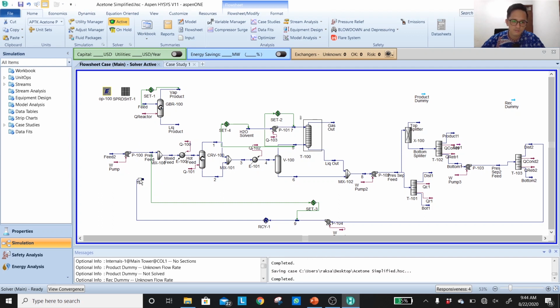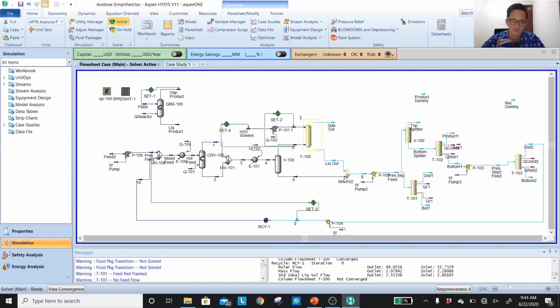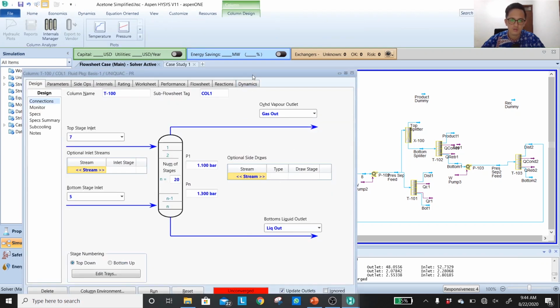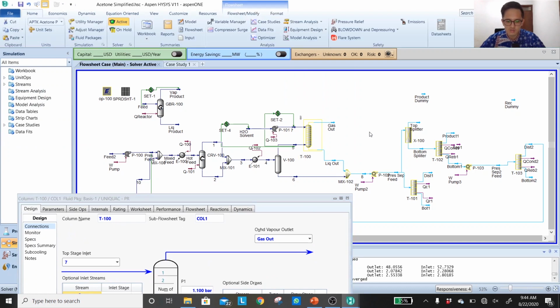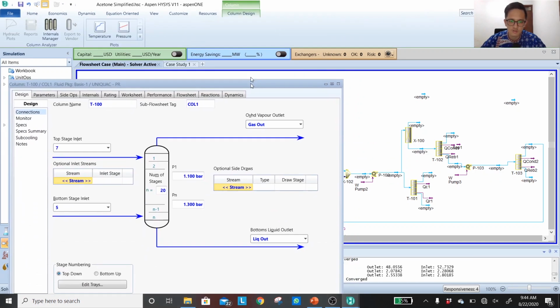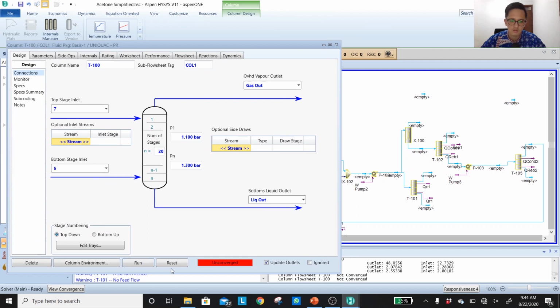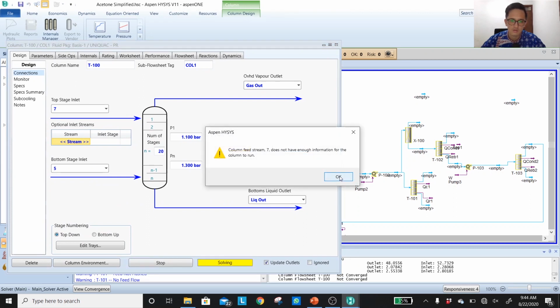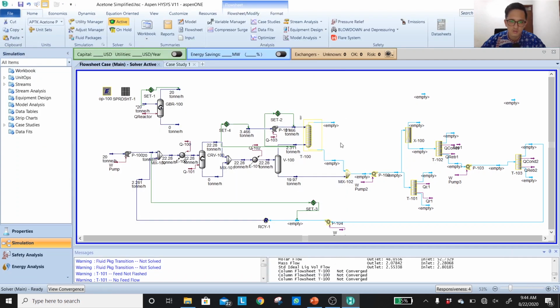Save it. Sometimes it gives us trouble. Okay, now the absorber cannot work. What's the problem? 2.3, 3.5, so that already matches. Run. Stream 7 doesn't have enough information.